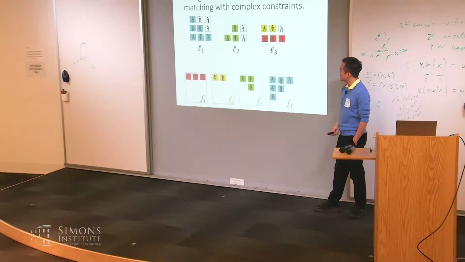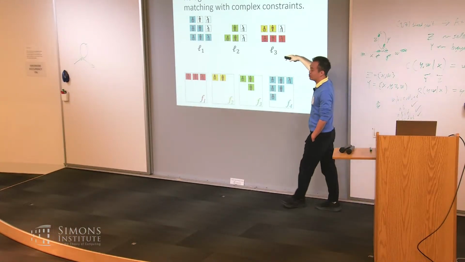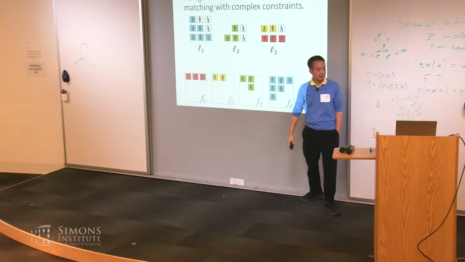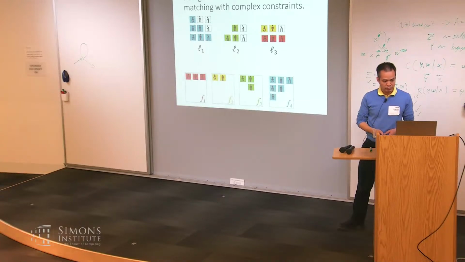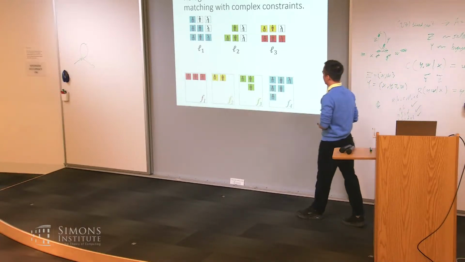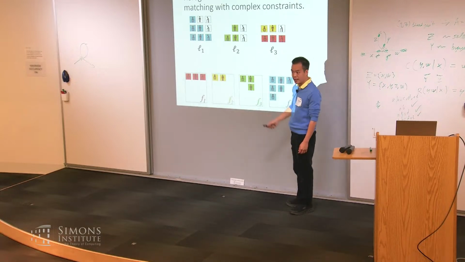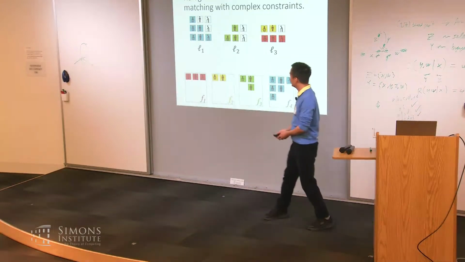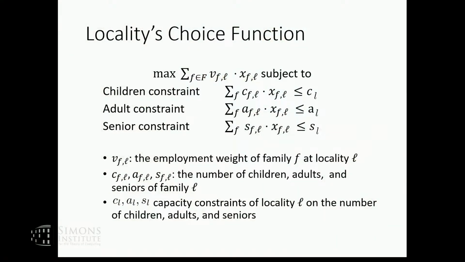Okay. So a matching here would be matching family to locality so that we don't over-capacitate these kids. Again, in refugee resettlement, we have preferences of these families over localities, and the locality, instead of having preferences over the kids of the family, is going to have quite complex choice functions.